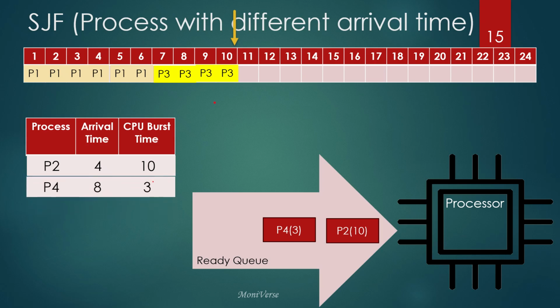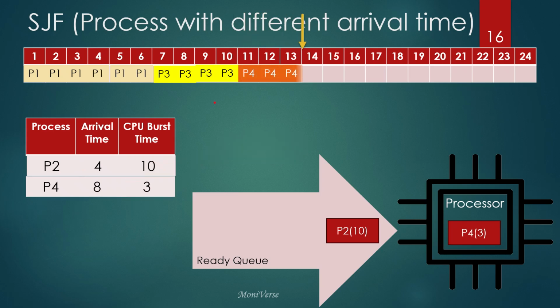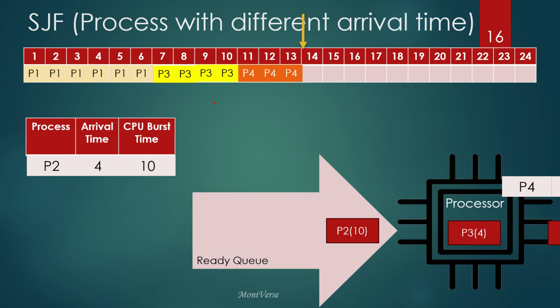Now at time T equal to 10, we have two processes P2 and P4, with burst times 10 and 3. In this, P4 has the lesser burst time. So now P4 enters into the processor for execution, and it is executed for 3 units of time. Once its execution time is over, it leaves the processor.